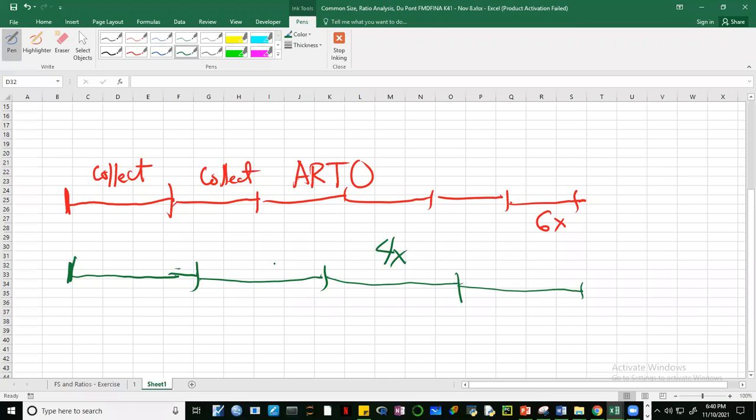Pag mas mababa yan, ano ibig sabihin yan? Kunyari 3 times lang. Let's assume na 3 times. Ibig sabihin yan, guys, the implication is that it takes longer for the company to pay its trade payables. One possible implication of that is that it has a longer term with the supplier. Mas binibigyan siya ng longer term.